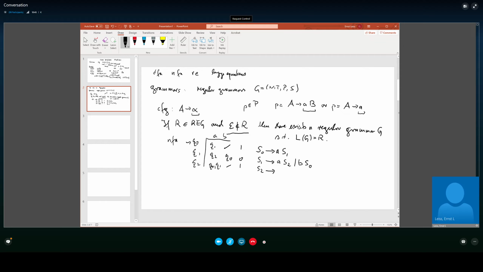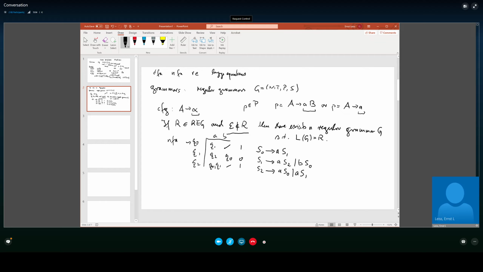And then Q2 gives rise to the S2 productions. We have a S0, this is that transition Q2 under a to Q0, or a S1, under a to Q1. So this is perfectly mechanical.